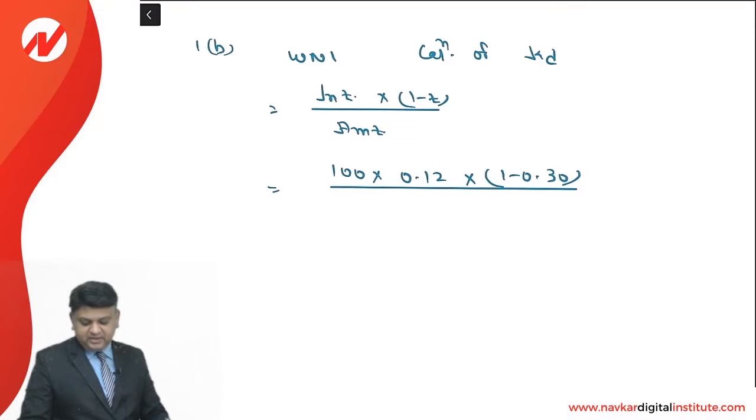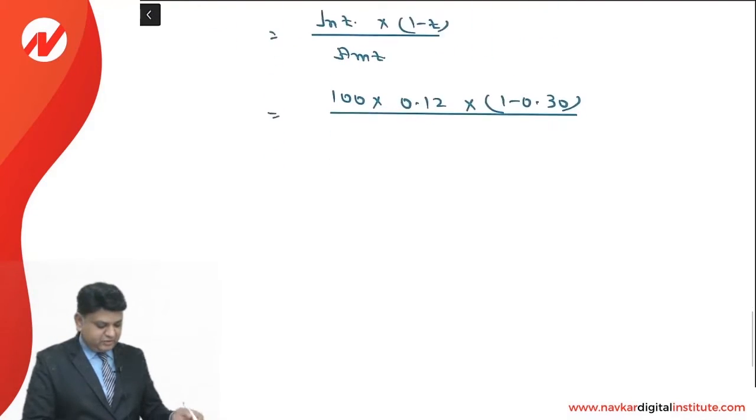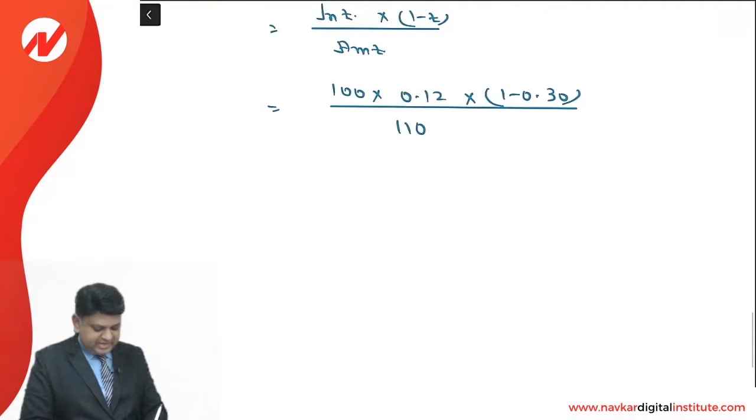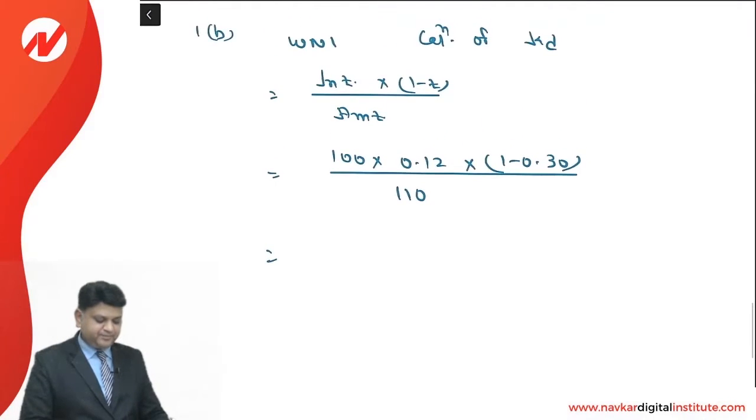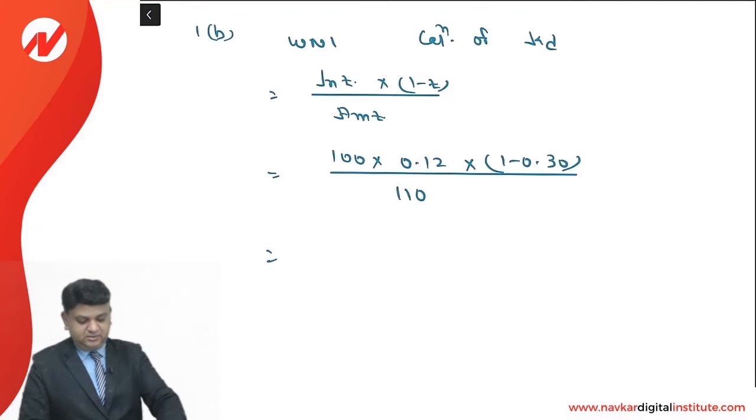Friends, we understand that whenever we are taking into account the existing security to make the computation of the weighted average cost of capital, then we are making the computation of the cost of capital as if we are going to issue a similar security now in the market. And at this point of time, if we issue the security, we can get 110 rupees, because in the secondary market, the price is 110.